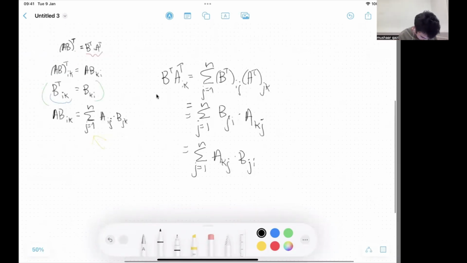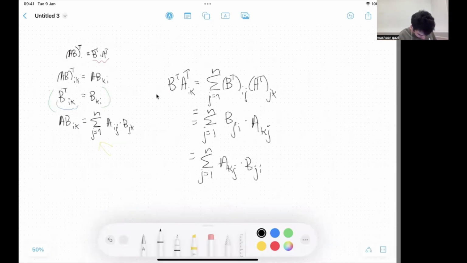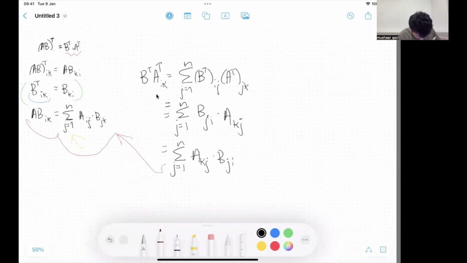Now, by the matrix definition, of course, you can see that this over here is literally just this, but we swapped the i and the k. So this whole blob should be equal to (AB)ki, right?